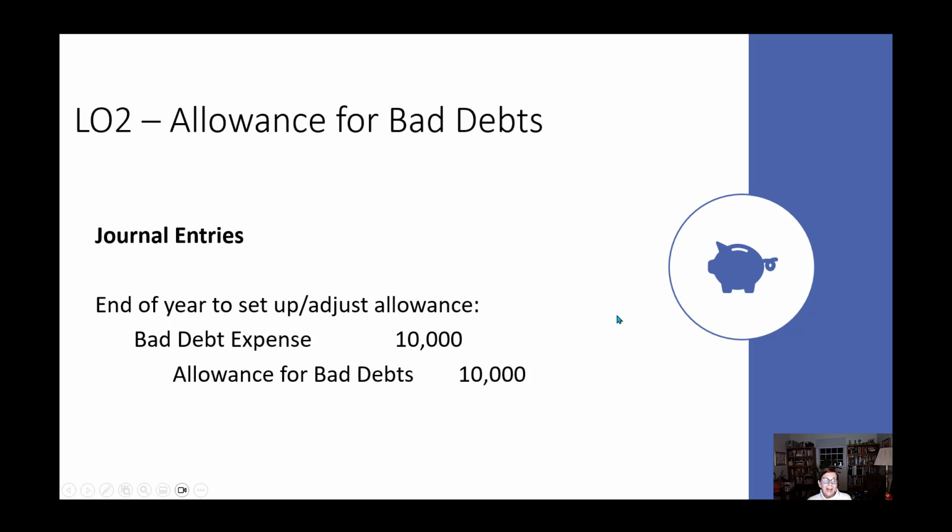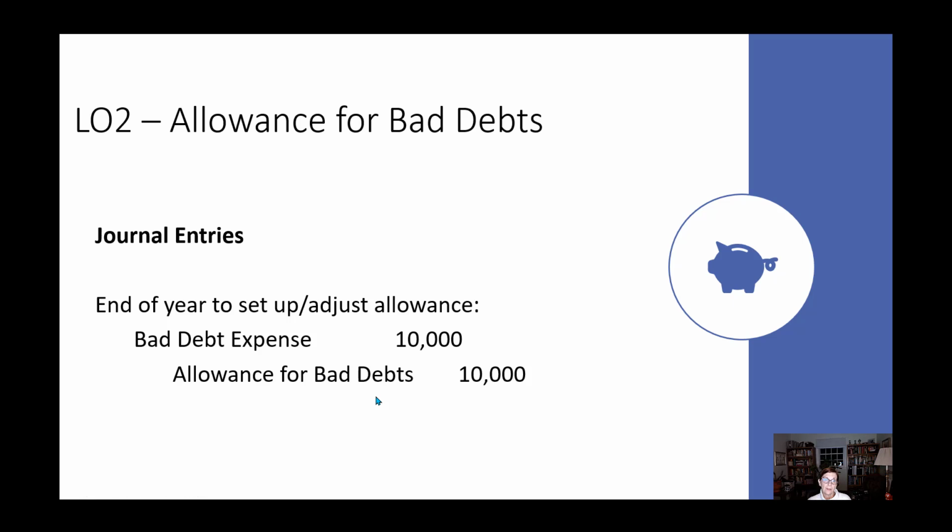All right, so at the end of the year, companies will estimate their bad debts, and we're going to talk about how they estimate it later. So they estimate their bad debts, and they make an adjusting entry to set up or to adjust their allowance to the amount that they need. They debit bad debt expense, which is an operating expense on the income statement, and they credit the allowance for bad debts, which we just talked about.